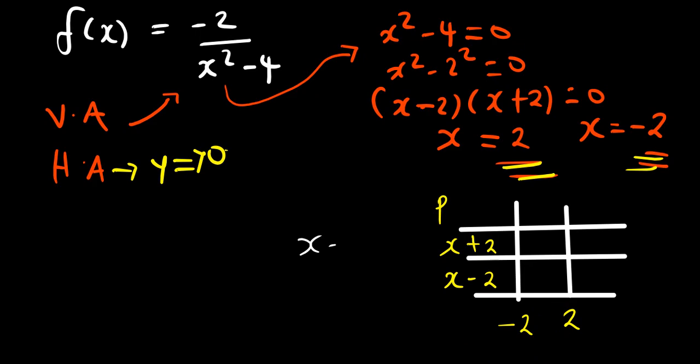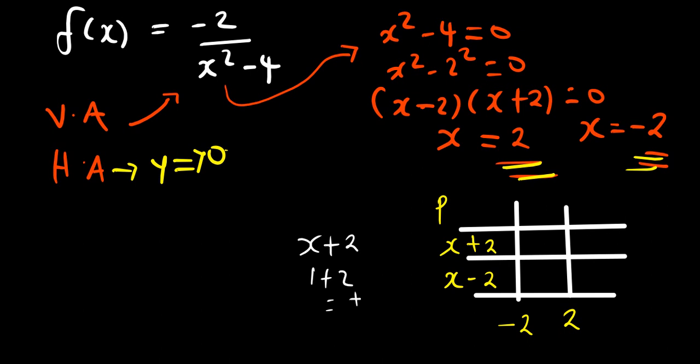So if you get your x plus 2, you get any number that is, let's say, between negative 2 and 2. Let's say you get a 1. If I put a 1 here, 1 plus 2, you realize that you get a positive number.